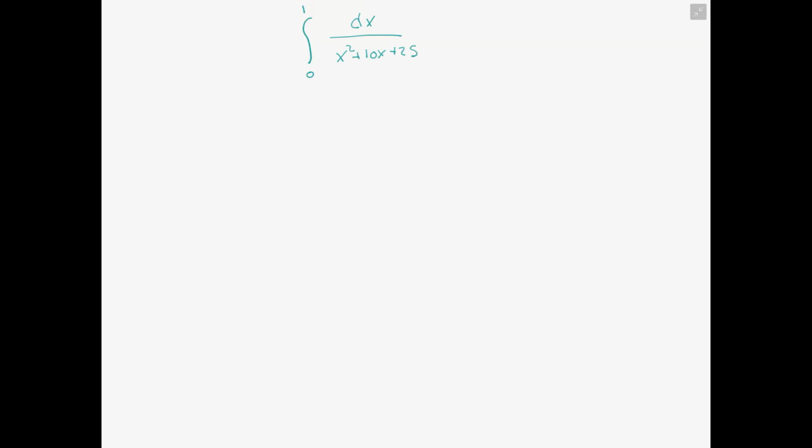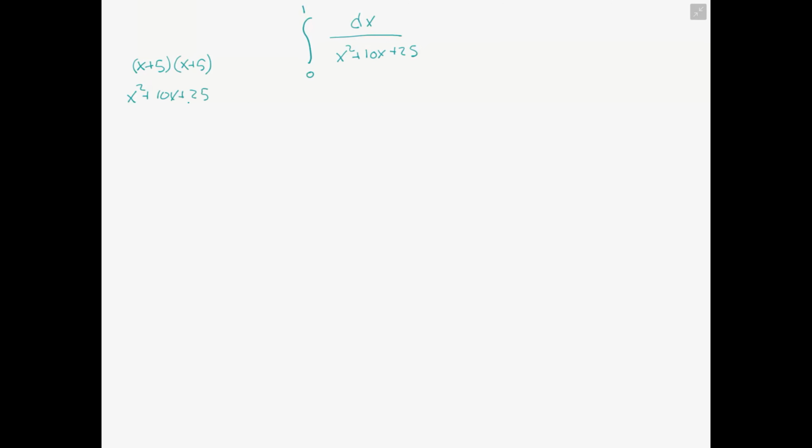Now here we have a last example, 0 to 1 on the x-axis. We've got dx over x squared plus 10x plus 25.